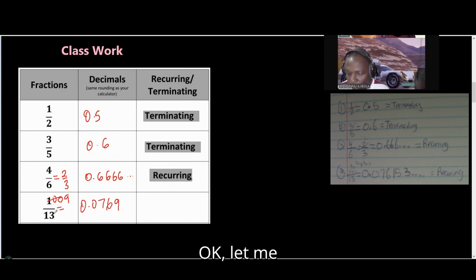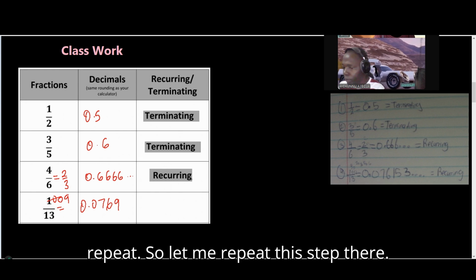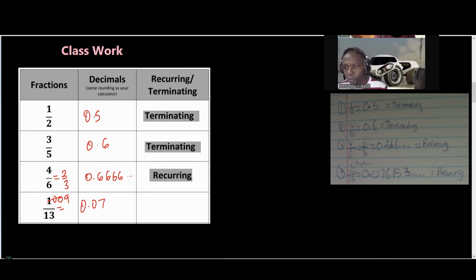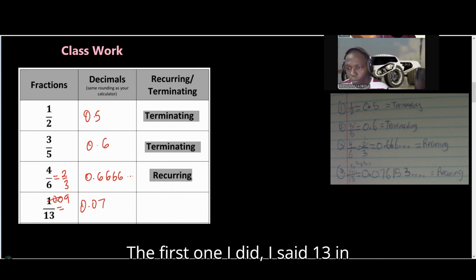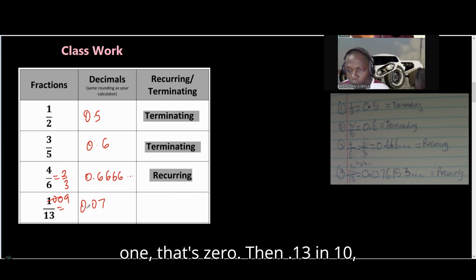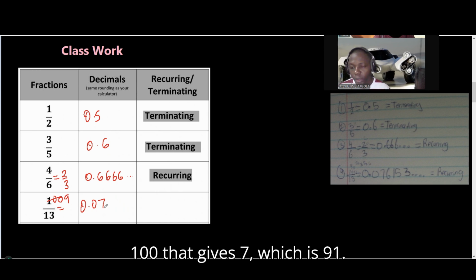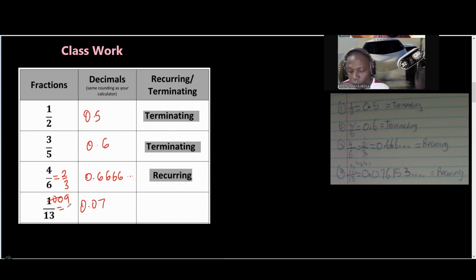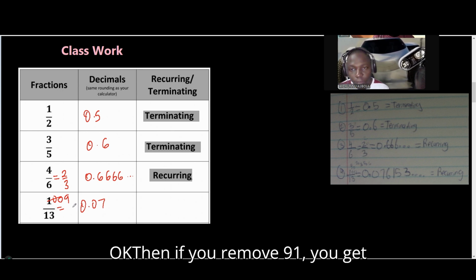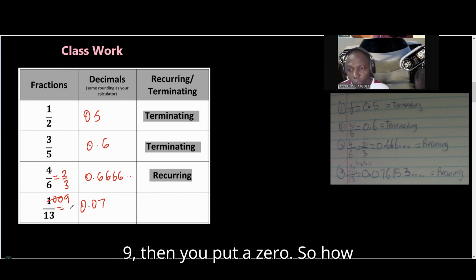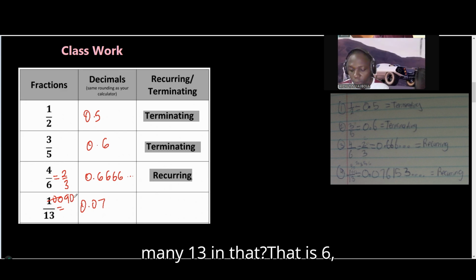Let me repeat the step there. The first one I did, I said 13 in 1, that's 0. Then 13 in 10, that is another 0. Then 13 in 100, that gives 7, which is 91. Then if you remove 91, you get 9. Then you put a 0. So how many 13 in that? That is 6, right?